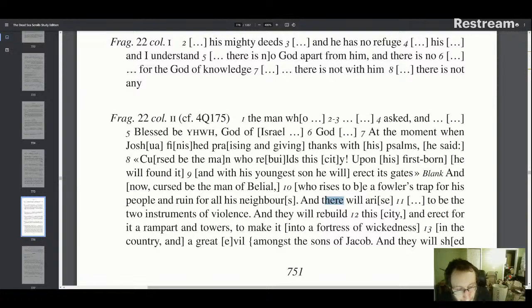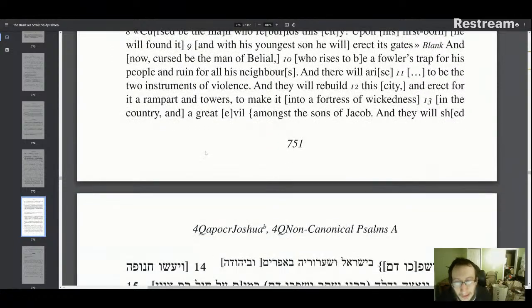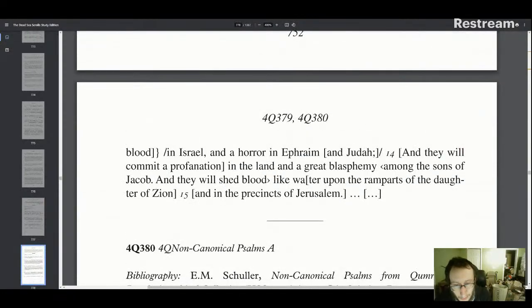And there will arise, there's some things missing, to be the 2 instruments of violence, and they will rebuild this city, and erect for it a rampart and towers, to make it into a fortress of wickedness in the country, and a great evil amongst the sons of Jacob. And they will shed blood in Israel, and a horror in Ephraim and Judah. And they will commit a profanation in the land, and a great blasphemy among the sons."